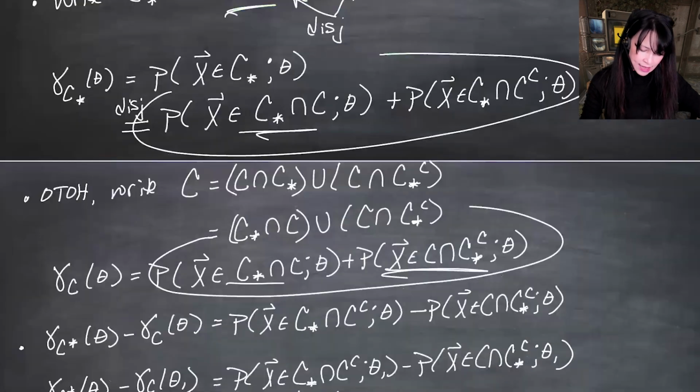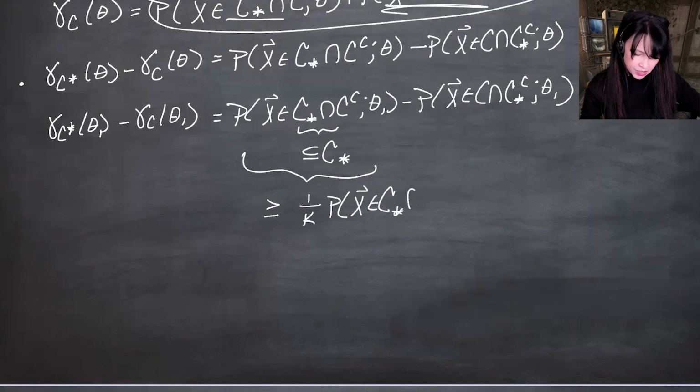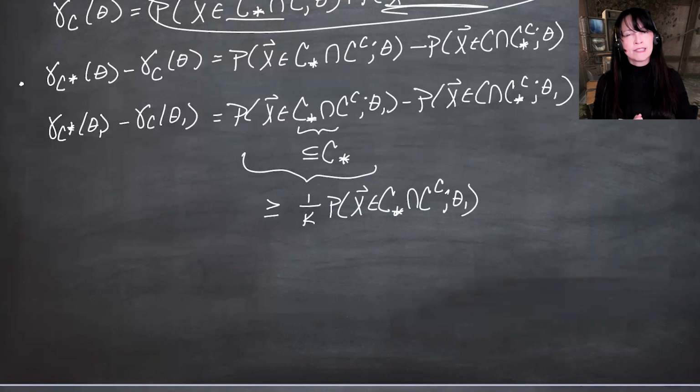I'm going to say that this entire term is greater than or equal to 1 over k times the probability that x is in C star intersects C complement when the parameter is theta 1.